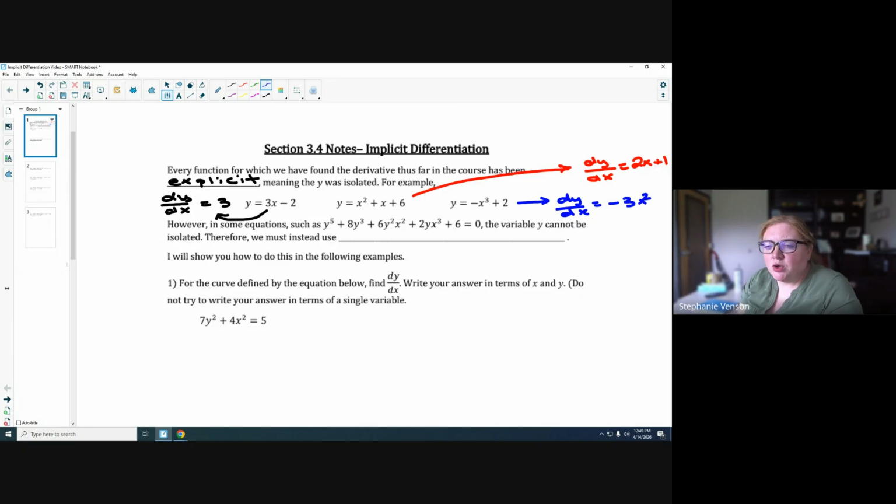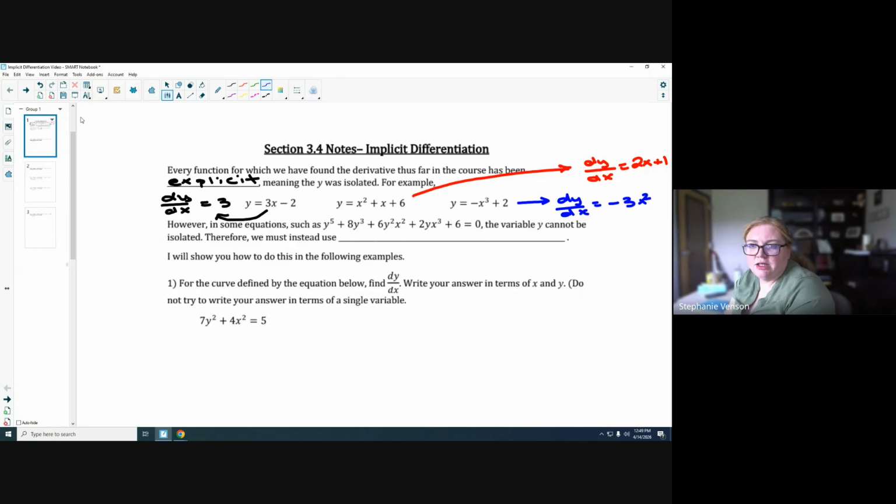But when it comes to more complicated equations, like this one we see right here, y to the fifth plus 8y cubed plus 6y squared x squared plus 2yx cubed plus 6 equals 0, we can't isolate the variable y. There's not a way to solve for y. So because there's not really a way to solve for y, we can't take the derivative explicitly. We have to use the process of implicit differentiation, or taking the derivative implicitly. That's what we're going to learn how to do in this lesson.